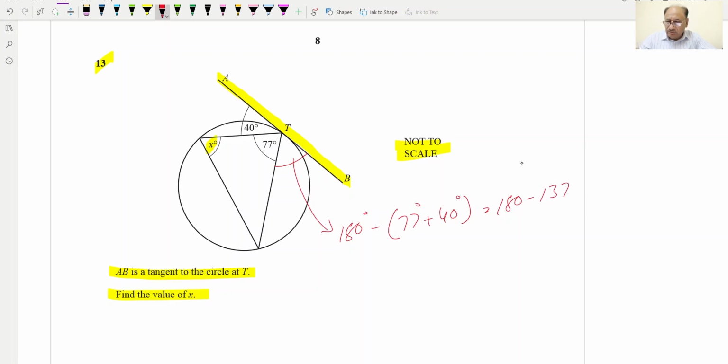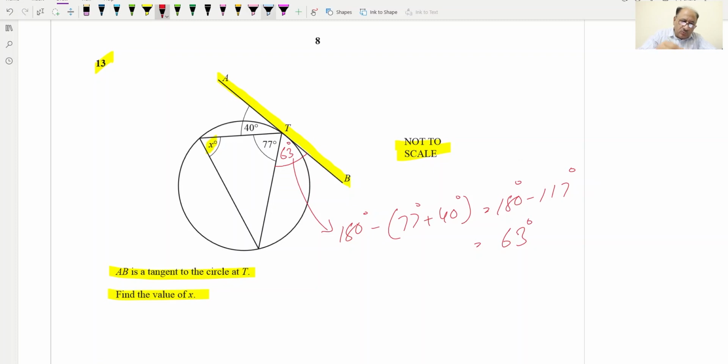So 77 plus 40 will be 117. So we made a mistake. So 180 minus 117, which will be 63 degrees. Now this angle we got is 63 degrees.